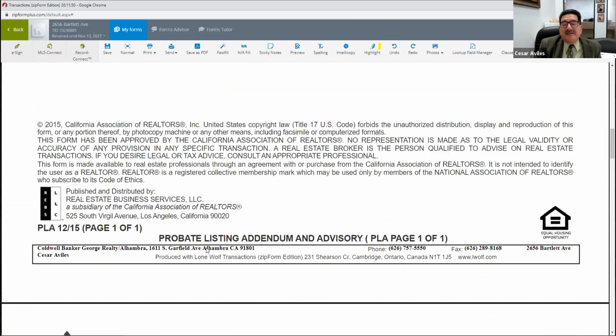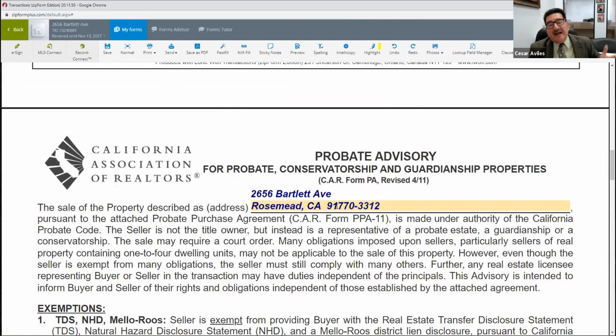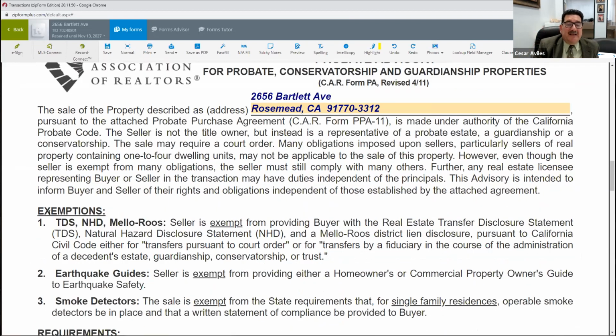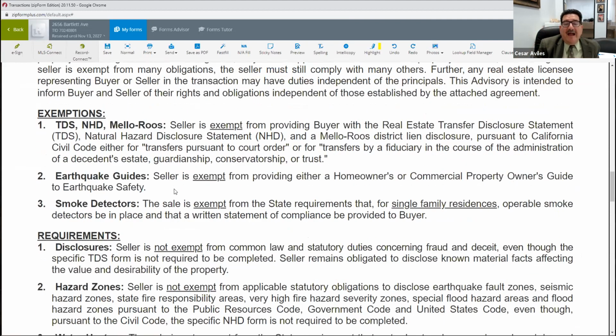And then there is a probate advisory that comes attached with the addendums. So remember, the probate advisory talks about the exemptions. Of course, the seller is dead, so the seller cannot fill out a transfer disclosure statement. They're exempt from it. Earthquake guides, they're exempt. But Coldwell Banker George Realty always requires the receipt of the booklet from the buyer.